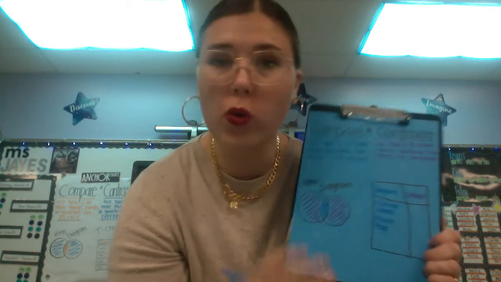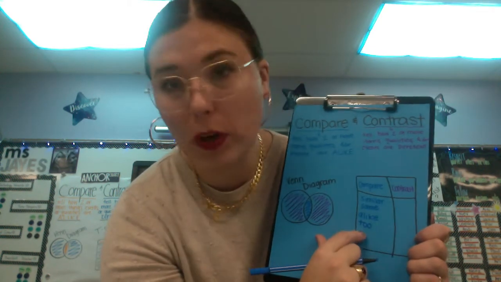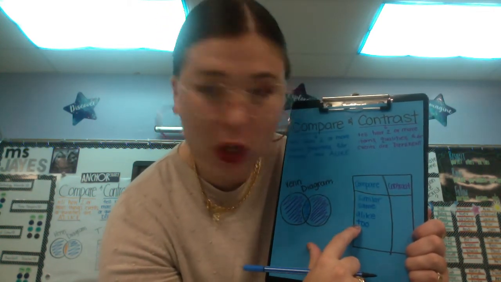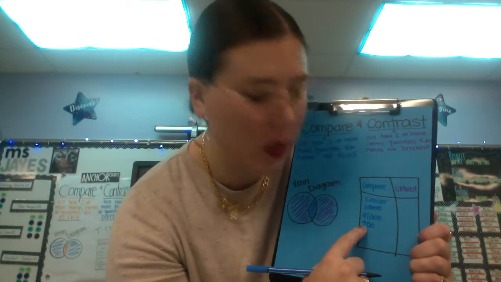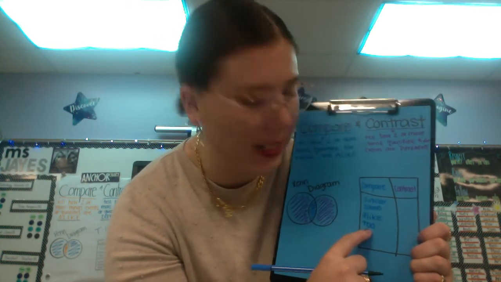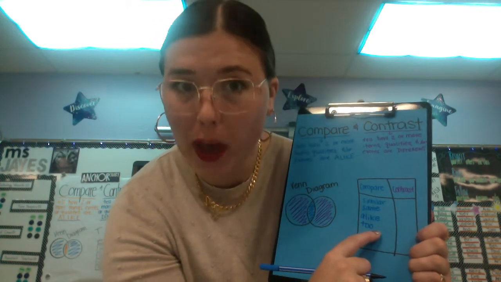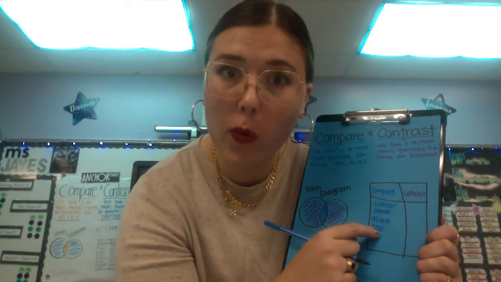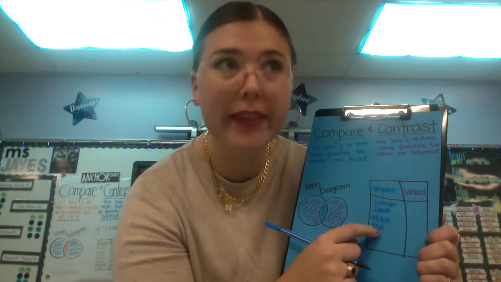Maybe too. Now, real quick, Miss J's tip. Too means also or as well. So I always like to think of there's two O's because there's another O as well. There's another O. Also.